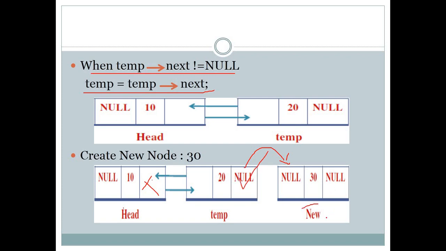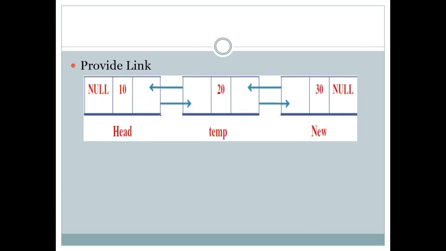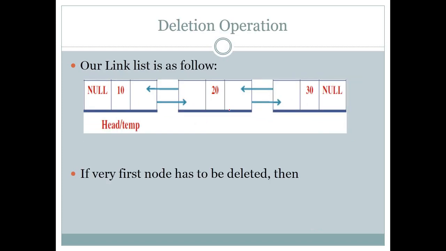We will put our new node 30 here, give temp next equal to new, and also give new's previous equal to temp. In that way we can add our node into this linked list. So this is head, this is temp, and this is the new node.